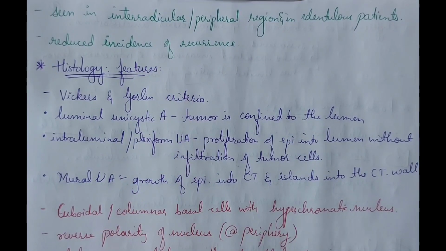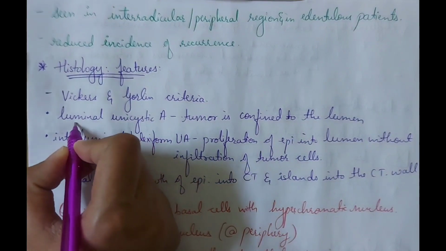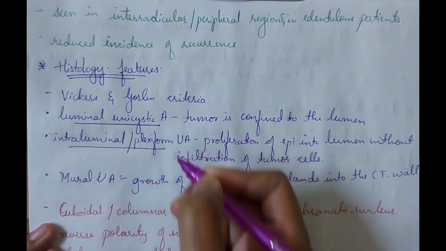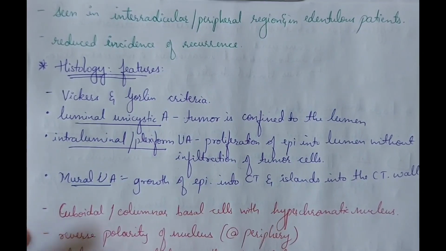Moving on to the histological features, we follow a particular criteria called the Vickers and Gorlin criteria. In this there are three types: luminal, intraluminal and mural unicystic ameloblastoma. In the luminal type, the tumor is confined to the lumen, meaning it doesn't go outside the lumen.